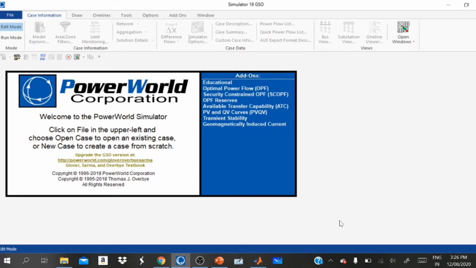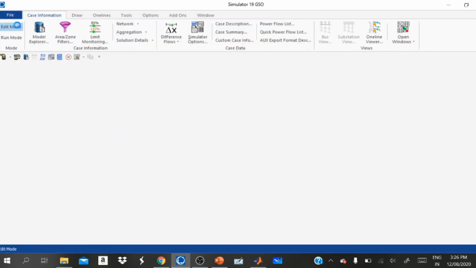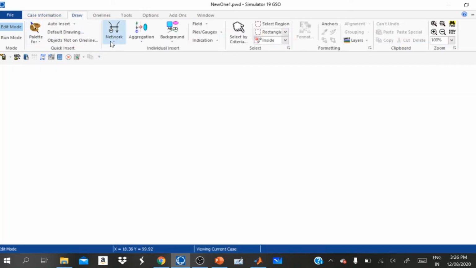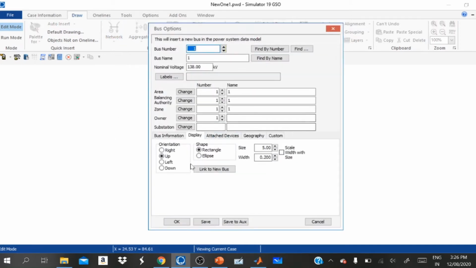Now we verify our model using the PowerWorld simulator. Go to File, choose New Case. In our model we are using a two bus system, as both the buses are operating at 765 kilovolt.